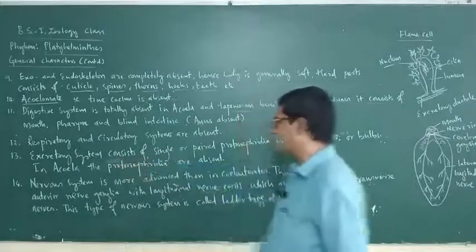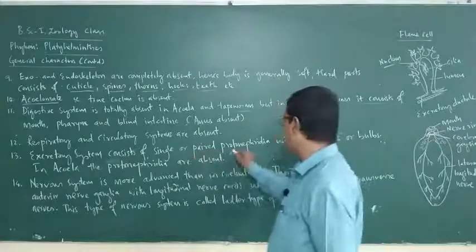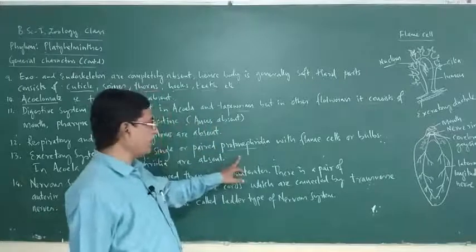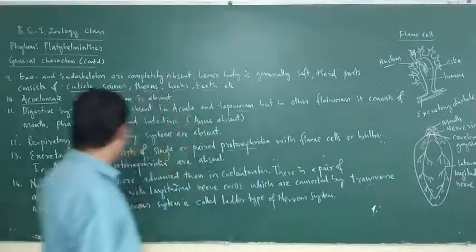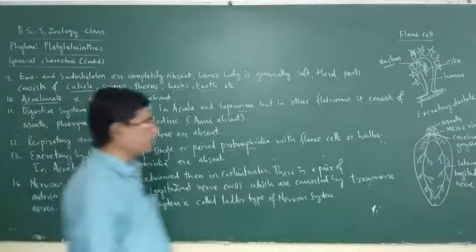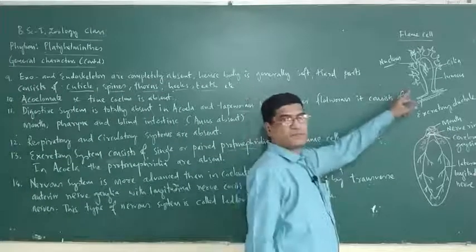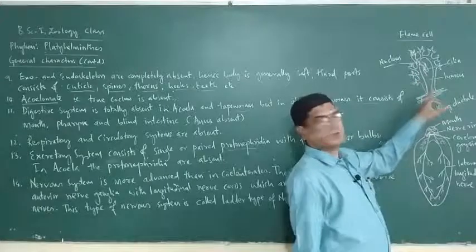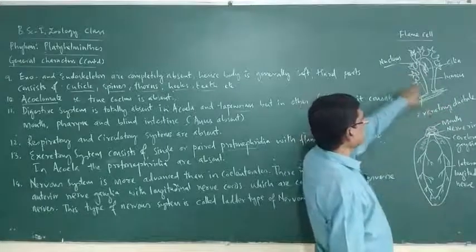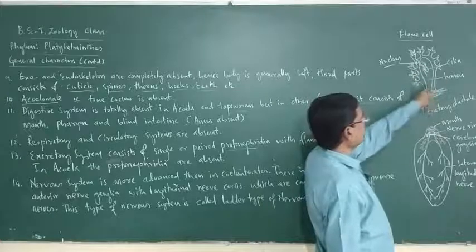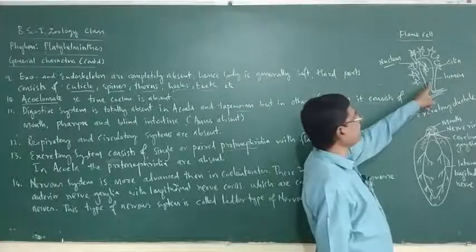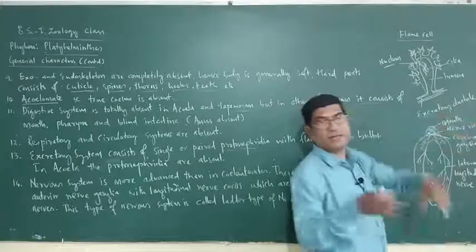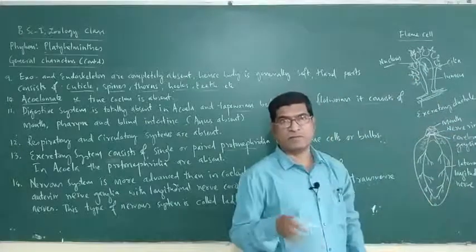Then the excretory system consists of single or paired protonephridia with flame cells or bulbs. See, these are flame cells. There is a cavity in the center of the cell, the lumen. Inside the lumen, the cilia are vibrating.